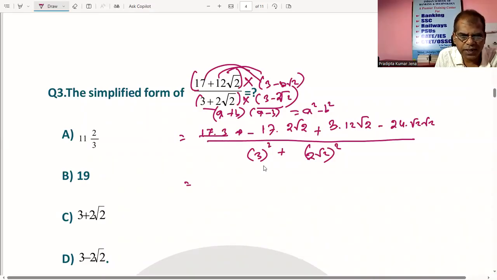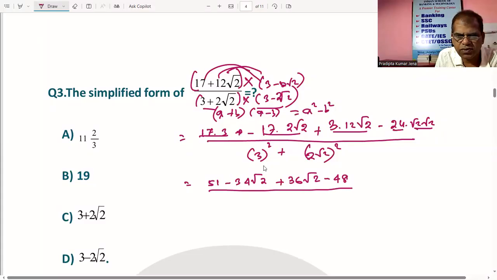17 into 3 is 51. 17 into 2 root 2 is 34 root 2, plus 12 into 3 is 36 root 2, and 24 into 2 is minus 48, all divided by 3 square minus (2 root 2) square, that is 9 minus 8.